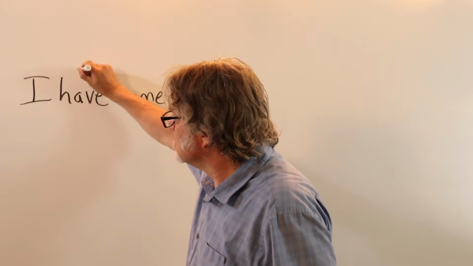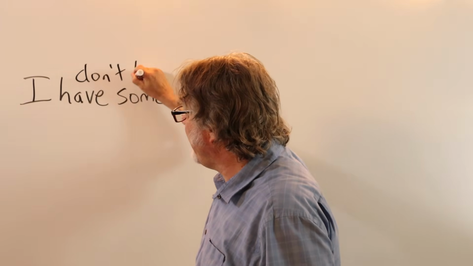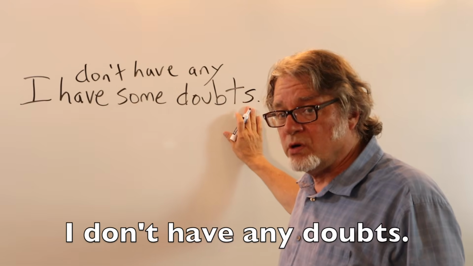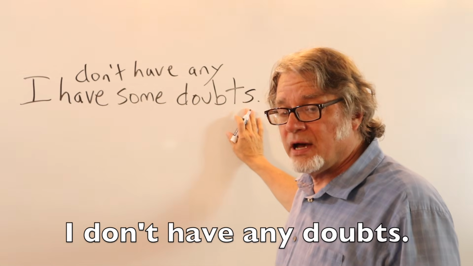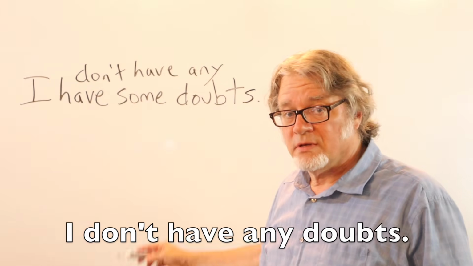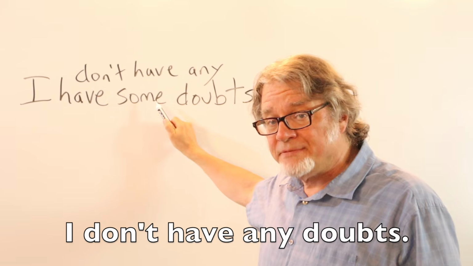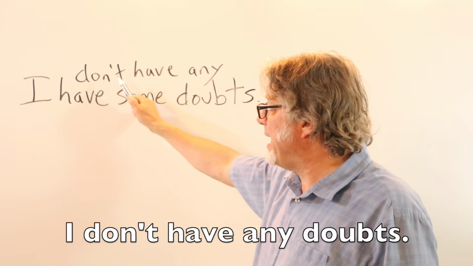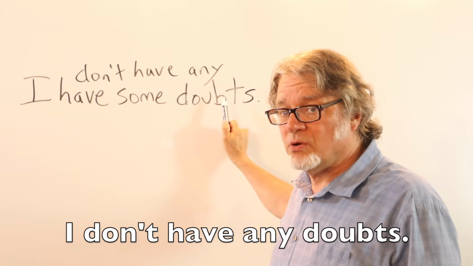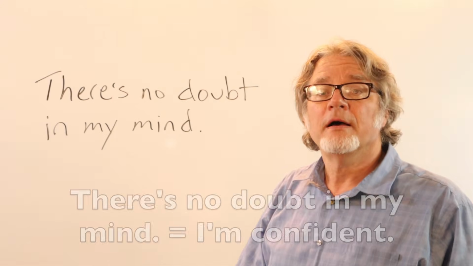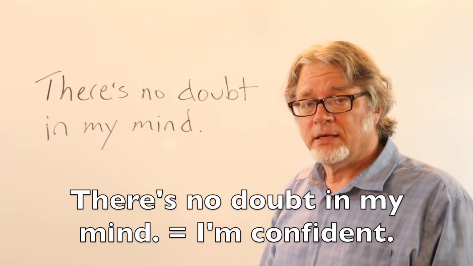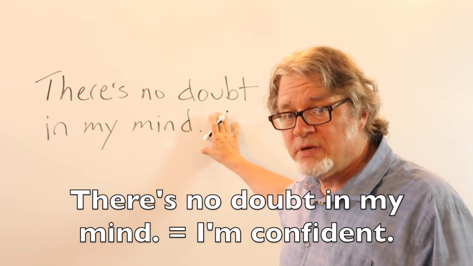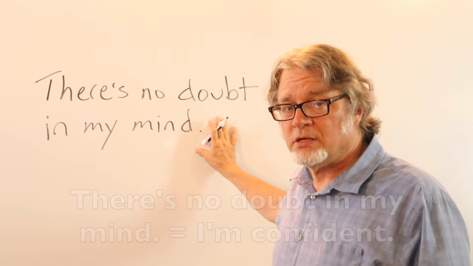I don't have any, and then you can use this word, doubts. I don't have any doubts. This means that you are confident or optimistic about something if you don't have any doubt or doubts. There's no doubt in my mind. This means that I'm confident or optimistic about a situation.